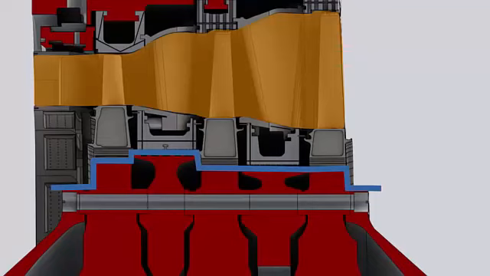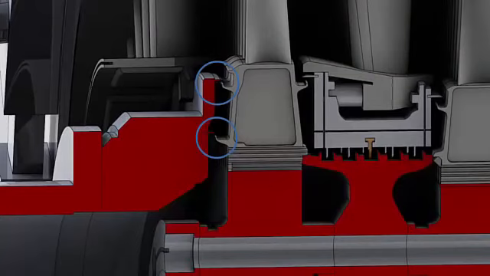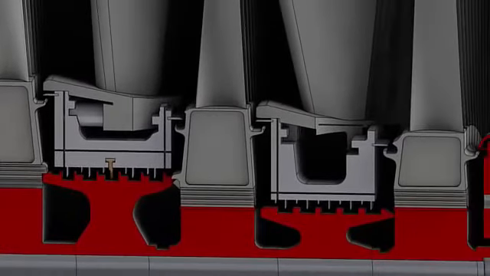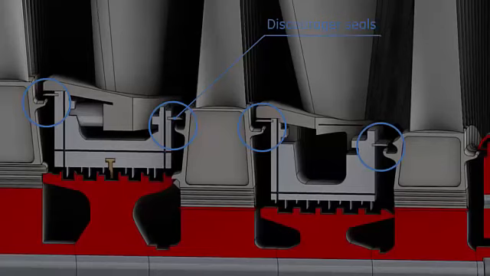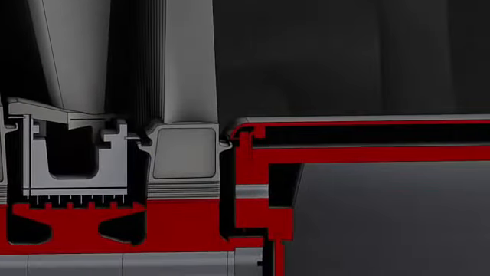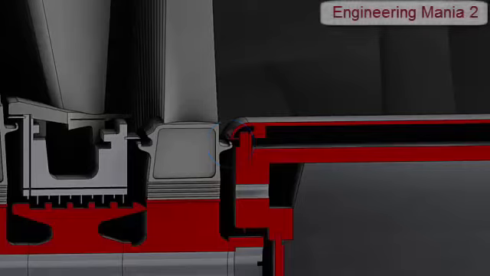Seals from the first stage nozzle support ring mate with sealing wings extending from the forward side of the first stage bucket shank. Also, seals from both sides of each diaphragm mate with sealing wings from both sides of each bucket. The seal from the exhaust frame mates with the sealing wing on the aft side of the third stage bucket shank.